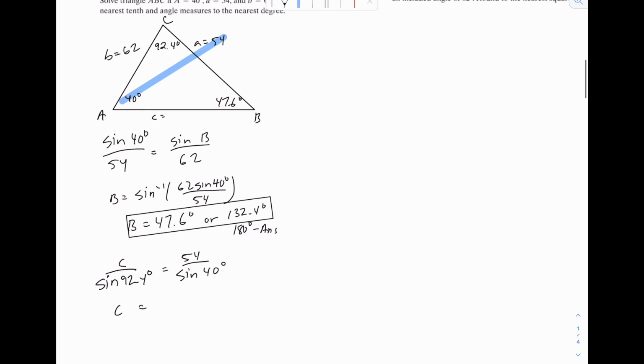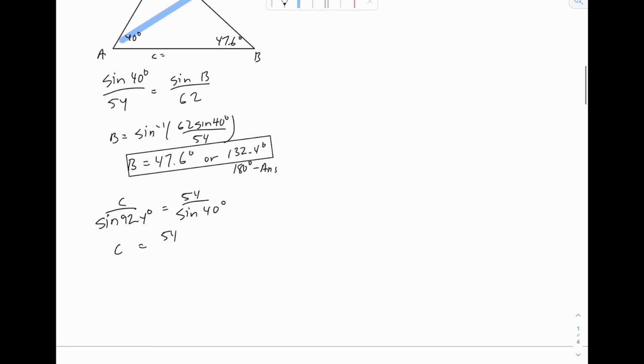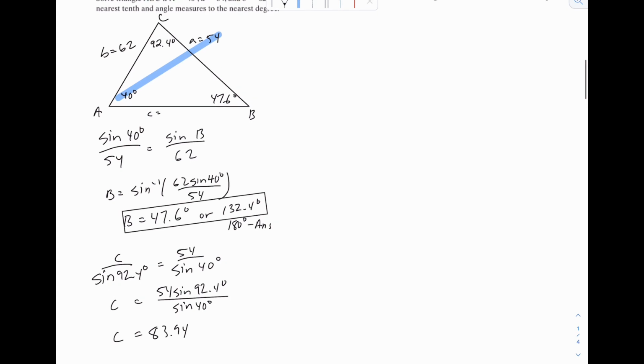So C should be 54 sine 92.4 divided by sine 40. In your calculator, you get 83.94. So there's your first triangle, not too hard.